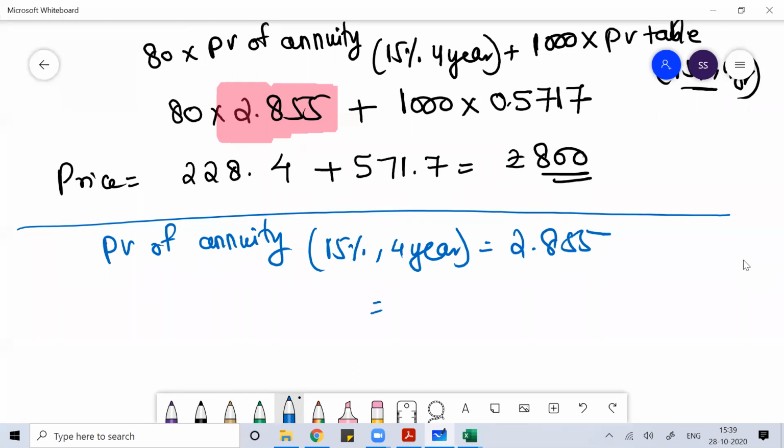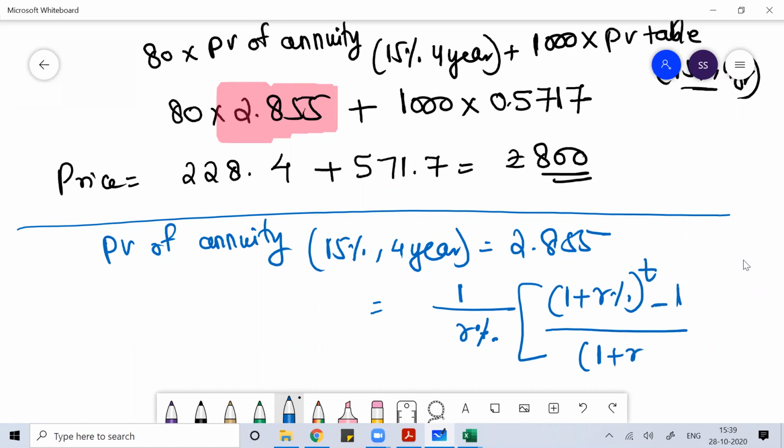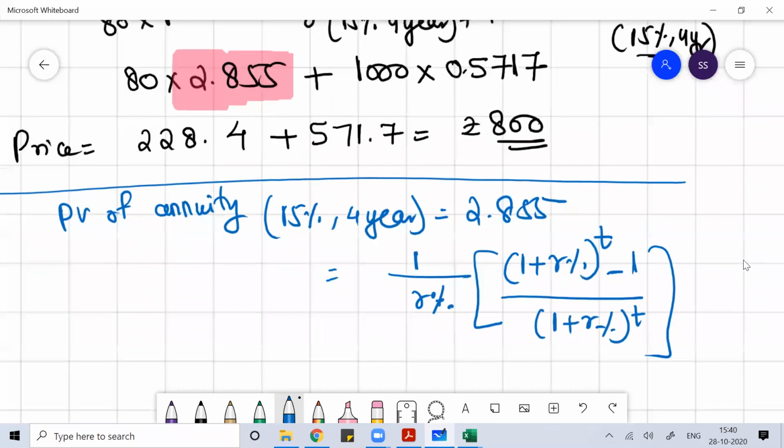Understand that it is nothing but 1 divided by R percent, into 1 minus 1 divided by 1 plus R percent to the power T. So this is the way it happens.